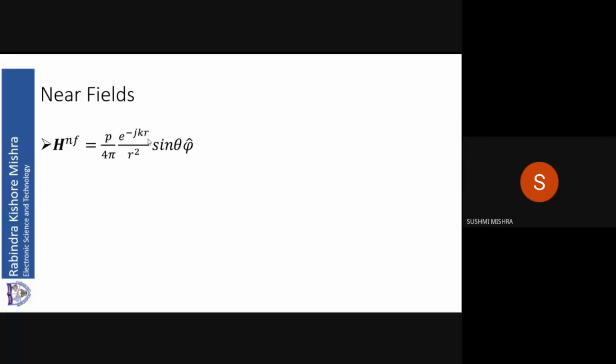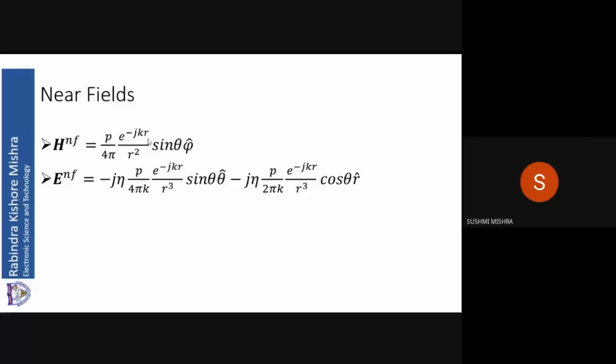The near field expressions will be this, HNF. NF is for near field. HNF will be p upon 4 pi, e to the power minus j kr upon r square, sin theta phi cap. Similarly, you can find out ENF.